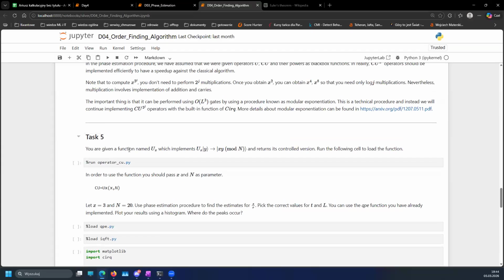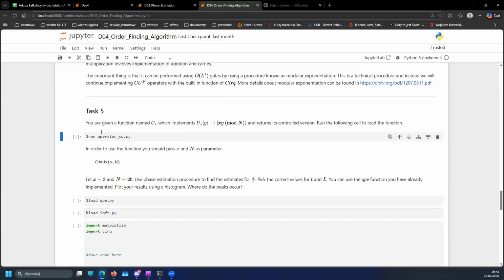So we are given this operator, which we talked about, yes? Let's load it. And it acts as I told you at the beginning of the lecture, yes? Here we have some instruction on how to refer to that operator.